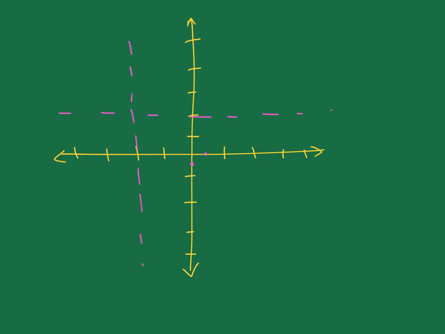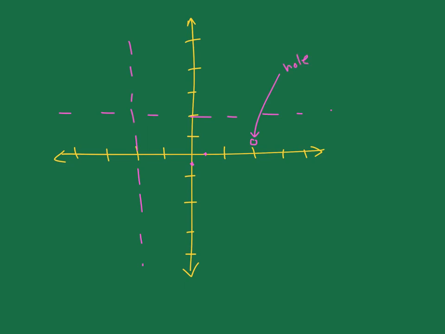So now I can use those things to help me, but there is one more thing, and that is my hole is at (2, 3/4). Please do not draw a point at (2, 3/4). You're going to have an open circle there. So that's my hole in the graph. It looks like that.